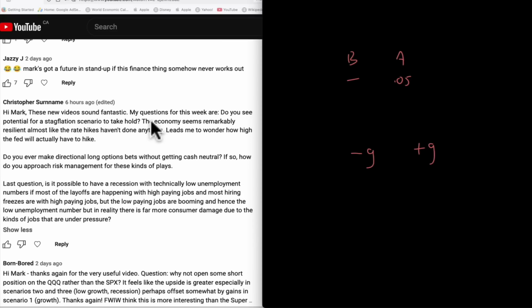My question for the week: do you see potential for a stagflation scenario to take hold? Potential? Well, there's always potential, right? We talk about possibilities versus probabilities. A lot of things are possible, just not very probable.